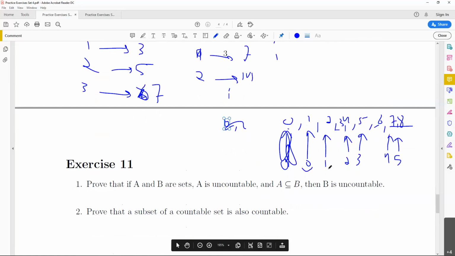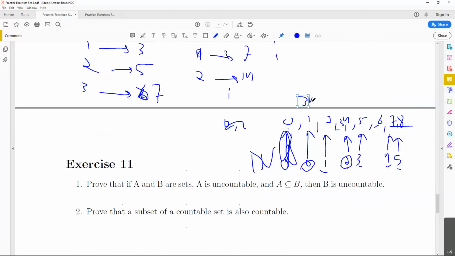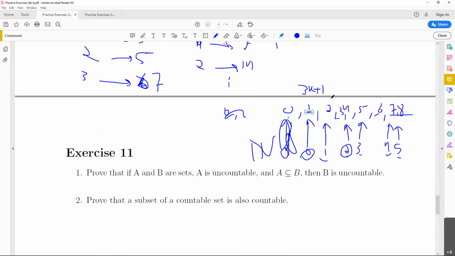And 0, 2, 4, that's even. Then you have 1, 3, 5, that's odd. So you can break it down into, if n is even, then f of n is going to be what? 3k plus 1. Like the remainder is 1. If n is odd, it's going to be 3k plus 2. So the 4, the 8.